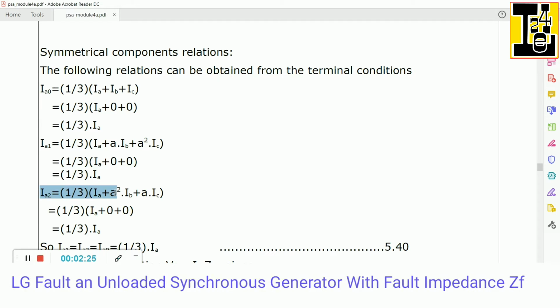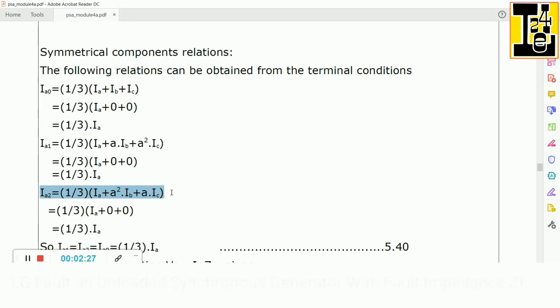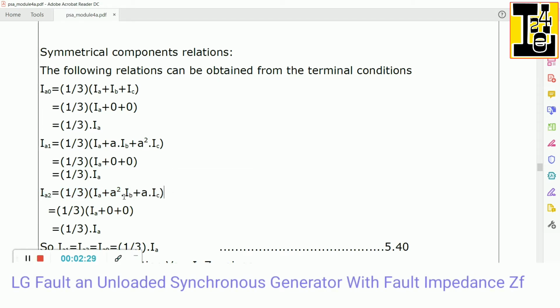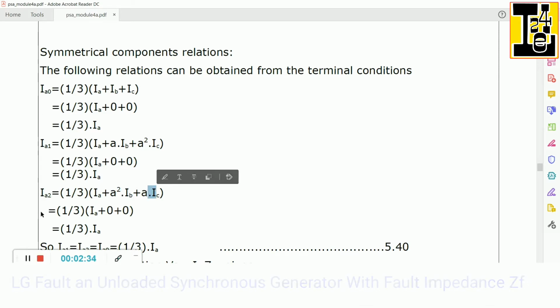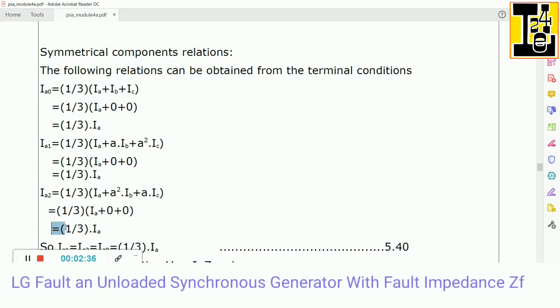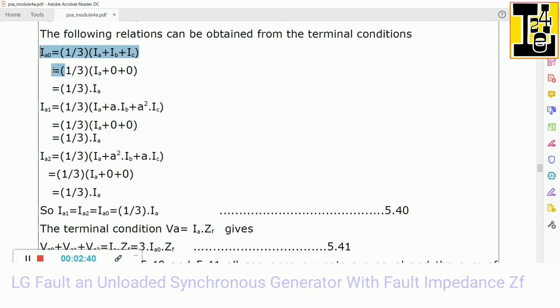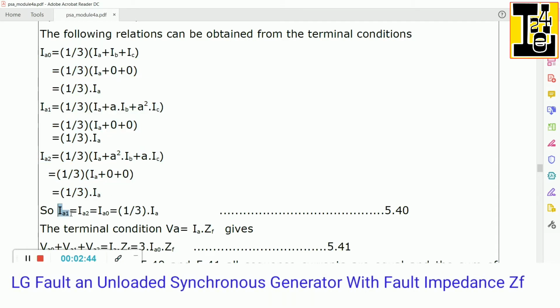IA2 equals 1 by 3 into bracket IA plus A square IB plus A IC. Substituting the values of IB and IC as 0, we will get IA2 equals 1 by 3 into IA. So by observing these three results, we come to know that the positive, negative and zero sequence currents are equal, each equal to 1 by 3 into IA.